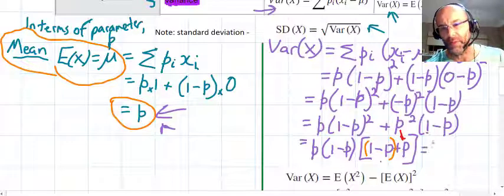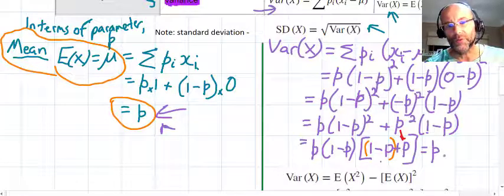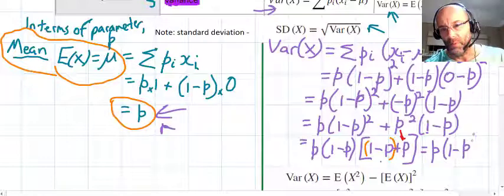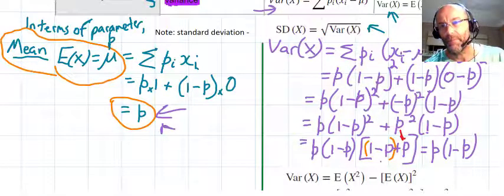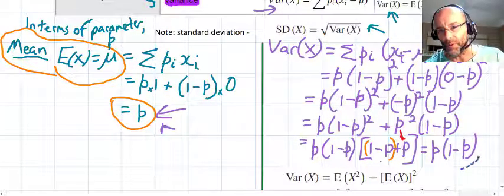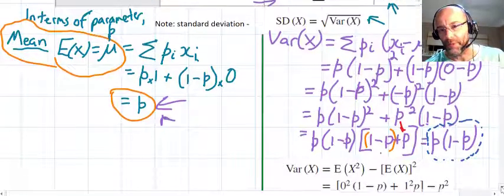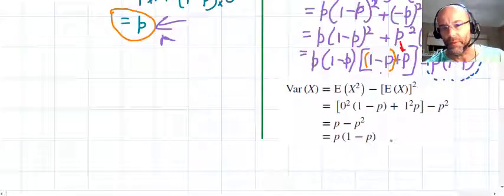So that means for a Bernoulli distribution, var x, or variance of x, is p times 1 minus p. So that is also one to note. That's in terms of parameter p. If you use the other formula, you get the same result there. Okay.